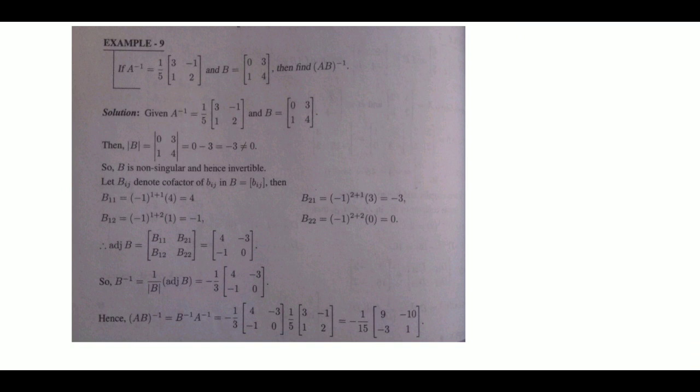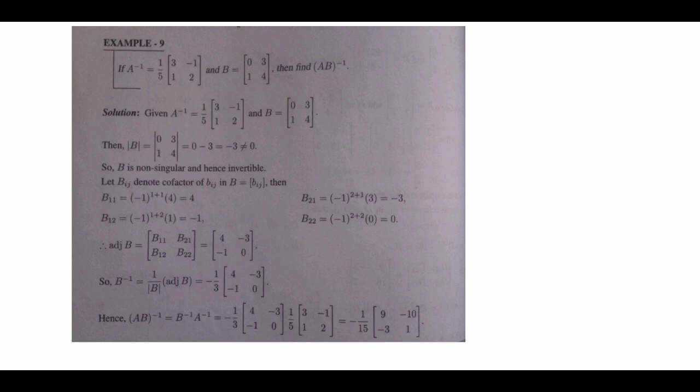So find the cofactors of each element of matrix B and replace them by the cofactors, and transposing that we get the adjoint of matrix B. Now B inverse is equal to 1 upon determinant B into adjoint B. Adjoint B from the above process we get 4, minus 3, minus 1, 0, and determinant B is minus 3, so 1 upon minus 3 multiplied with the matrix. So AB whole inverse is equal to B inverse into A inverse.